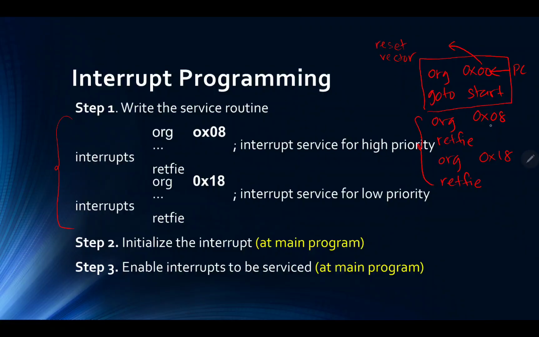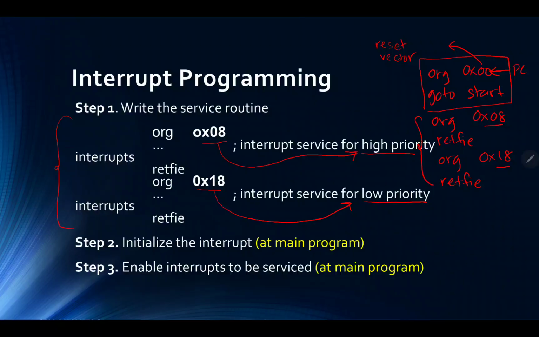Likewise, you have two more interrupt vectors, predefined addresses for interrupts. You have to remember that hex 08 is the interrupt vector for high priority interrupt, and 18 is the interrupt vector for low priority interrupt.